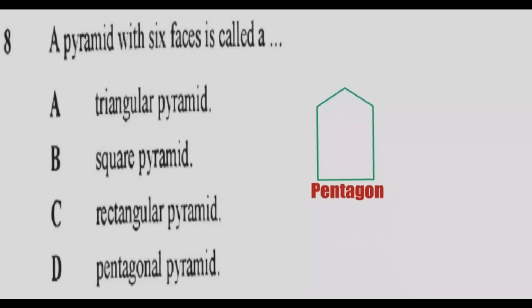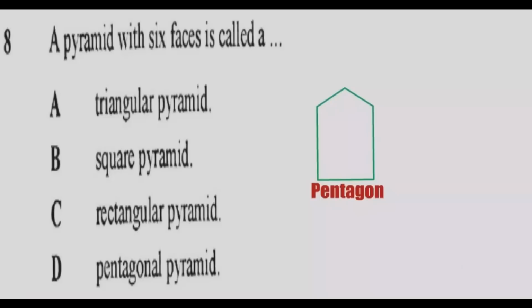This is the strategy you use every time. Whenever they ask you the name of the pyramid and they give you the number of faces, all you need to do is subtract 1 and then find the polygon with the remaining number of sides. If it's 5, the polygon with 5 sides is a pentagon, so the pyramid will be a pentagonal pyramid.